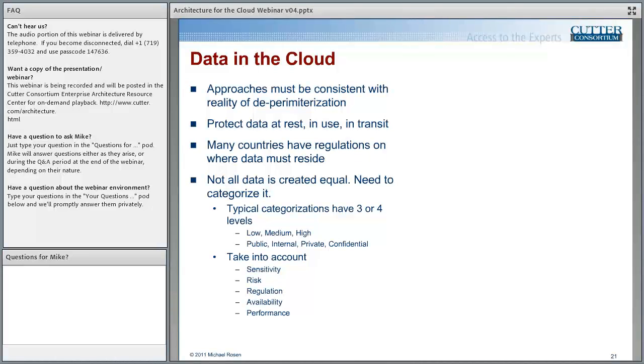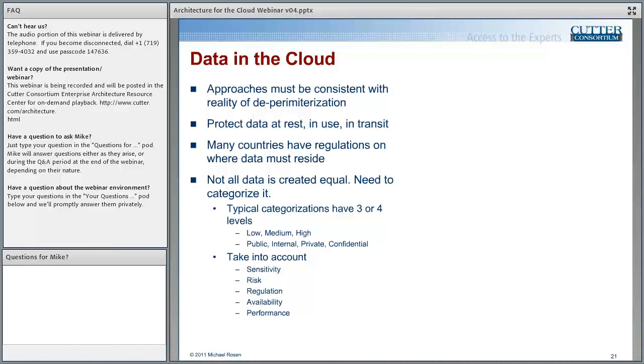And here are some examples of typical data that would fall into this high or confidential category, what we call PII, personally identifiable information, such as social security numbers or credit card numbers. Certainly for a company, intellectual property is highly important, or confidential, as is data such as medical records.